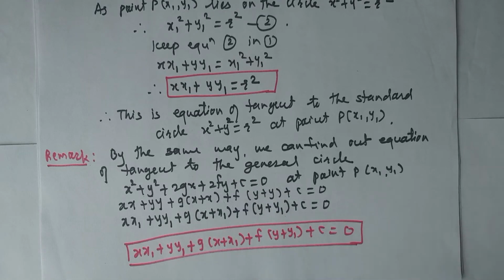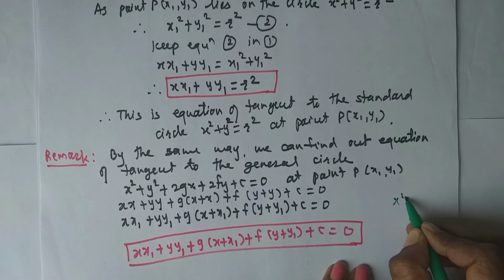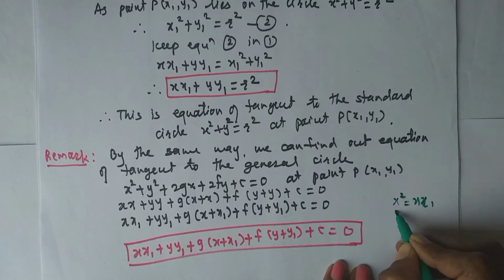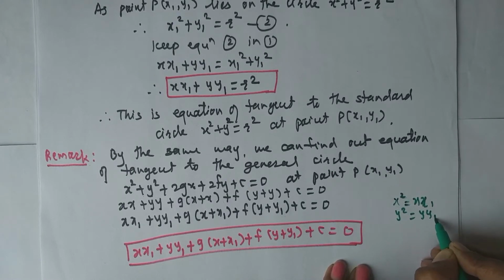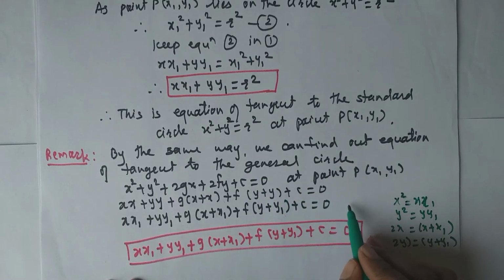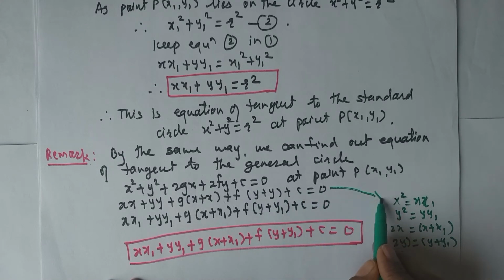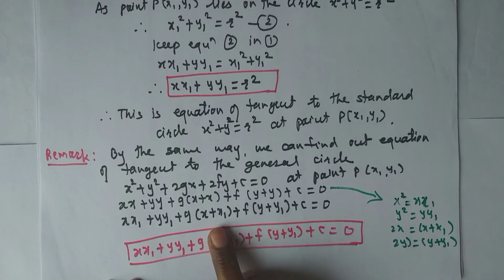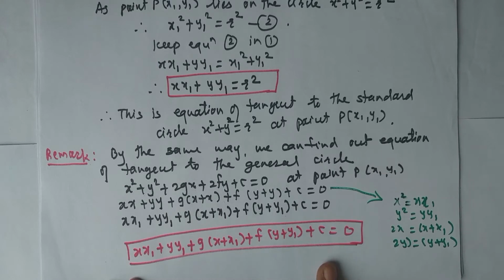Means here we are transforming x square as xx1 and y square as yy1, and 2x as x plus x1 and 2y as y plus y1. Okay, in this equation we are transforming x square as xx1, y square as yy1, 2x as x plus x1, 2y as y plus y1, and we will get the equation of tangent to the general circle.